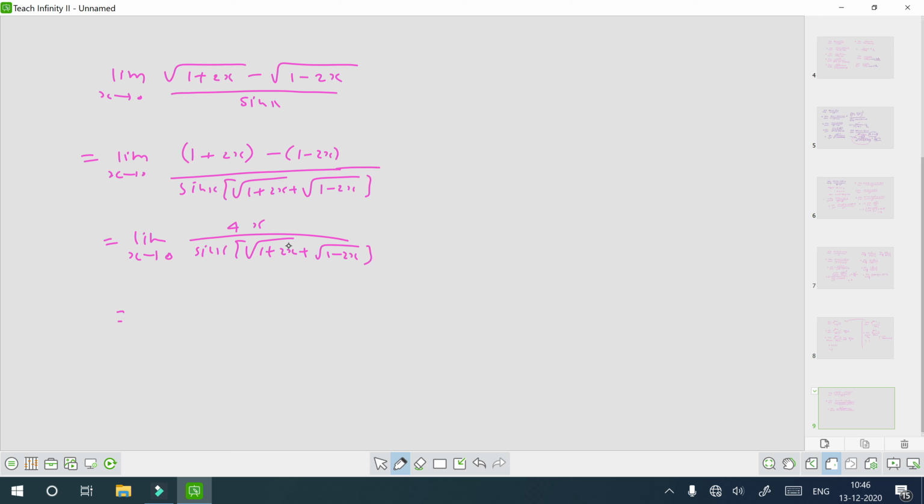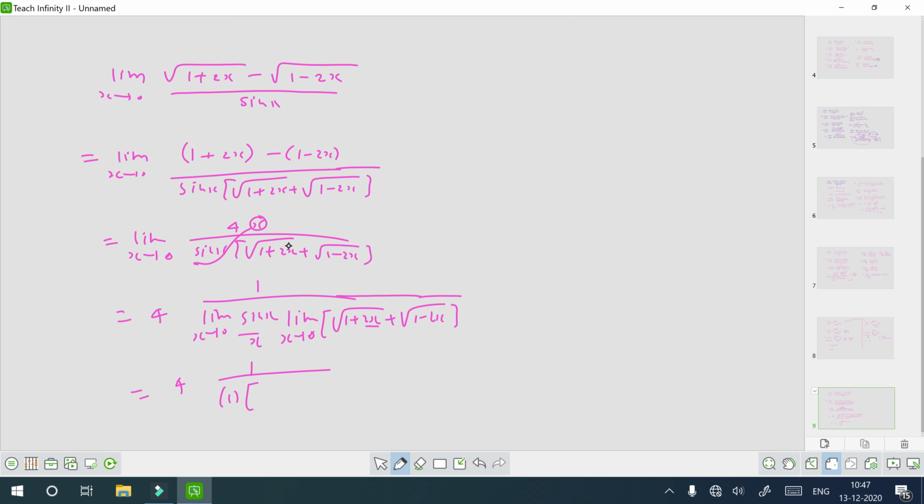Agree with me? 4 outside, 1 over limit x tends to 0 of sin x over x, into limit x tends to 0 of (under root 1 plus 2x plus under root 1 minus 2x). That is equal to 4 over 1 into (root 1 plus root 1). That is equal to 2 is the answer of this question.